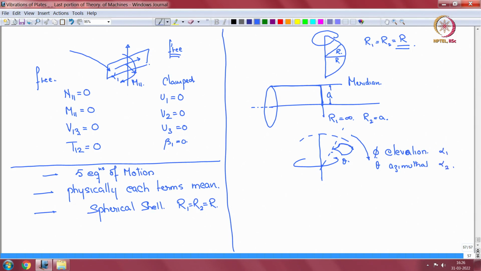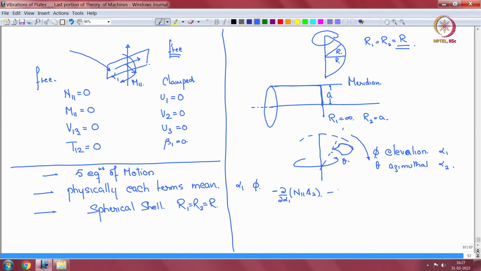Now my first equation of motion, that is in the alpha 1 direction, which means in the phi direction, is given by minus del alpha 1 of n11 a2. That is the first term.